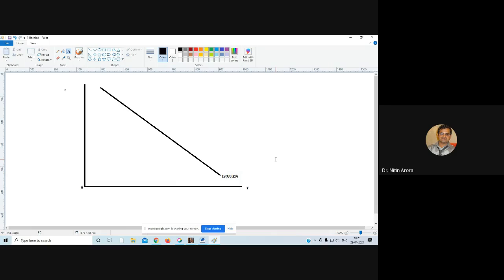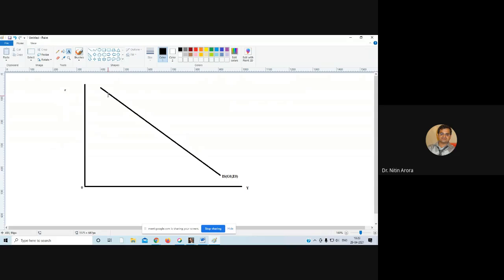Closed economy IS curve was derived only for given government expenditure. Exchange rate was not present. But here IS curve is derived with respect to the given government expenditure and exchange rate E naught.